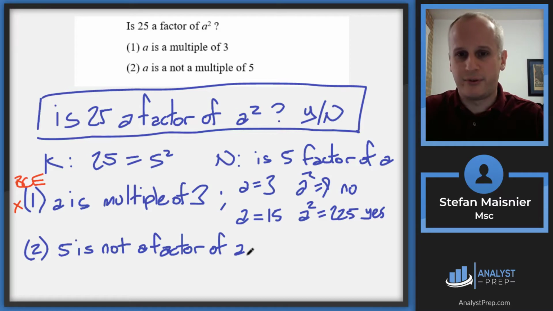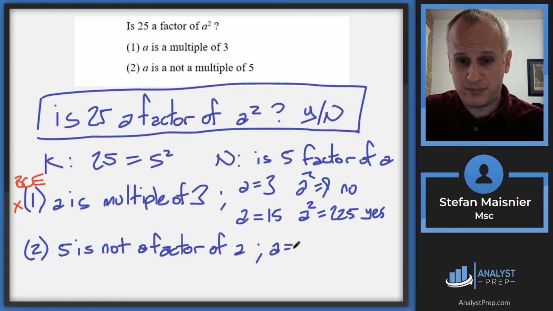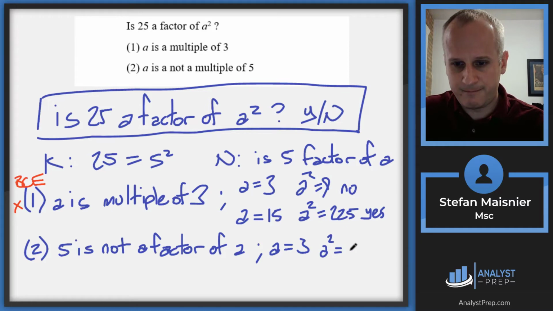But if we want to prove it out with a couple of examples, we can still do so. So we could keep condition 1, plug in 3, right? Because that's going to work. We could still say a is equal to 3, and we know that a squared would therefore be 9, and we know that the answer to this would be no.